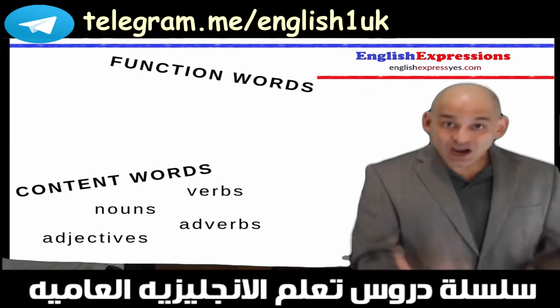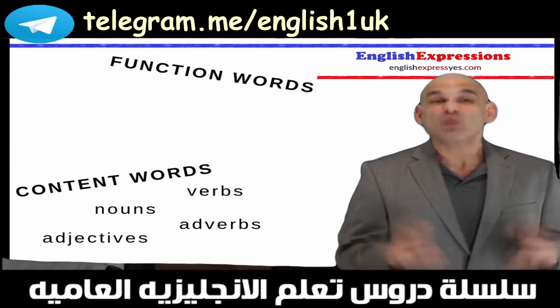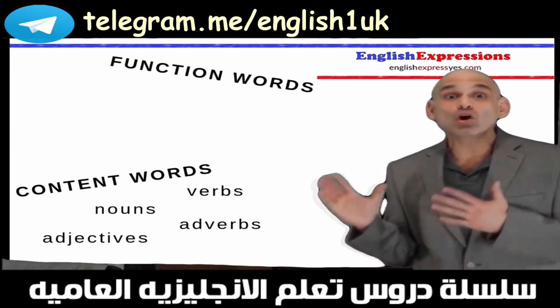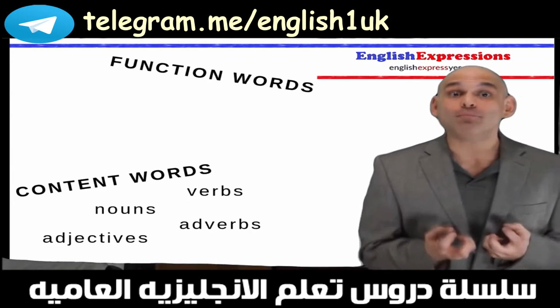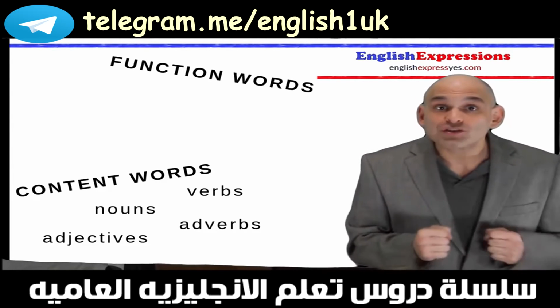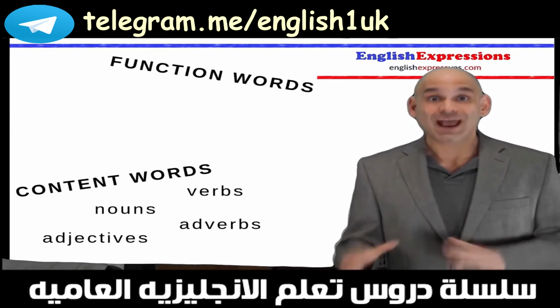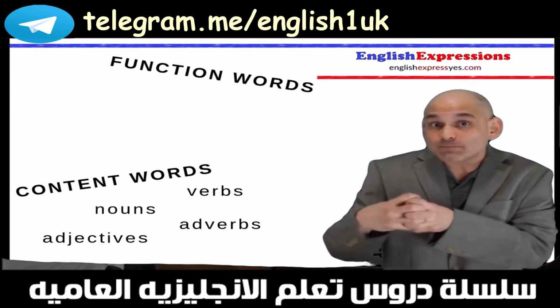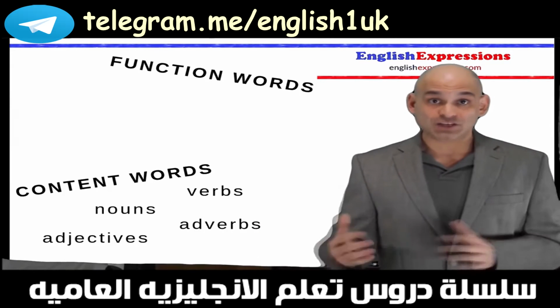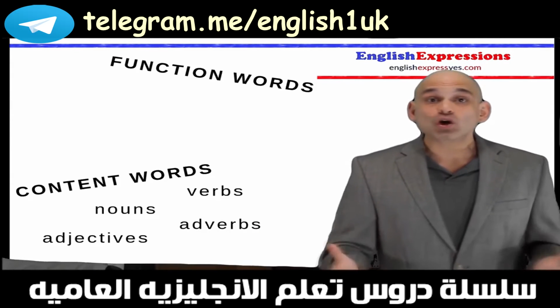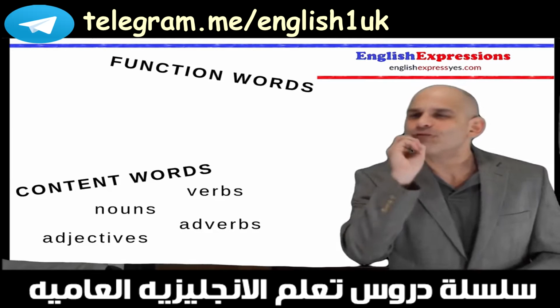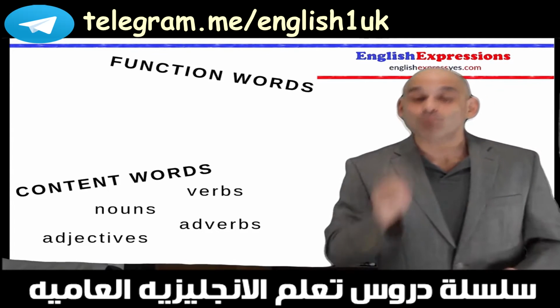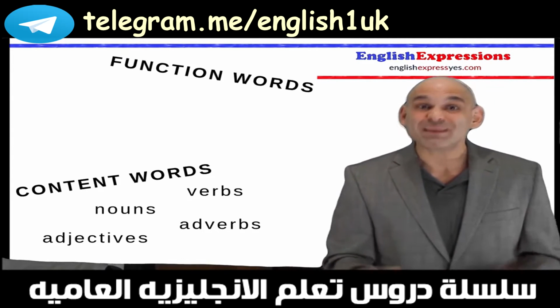Okay, now, the function words are not words with a lot of meaning. They're words with just a function, a job. They're like the worker words. They help the content words, and they give them more meaning, or they show the relationships between the content words. So function words, we do not say them fully. We do not say them properly in English because they're not important.